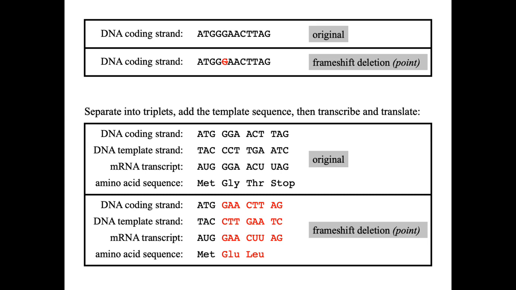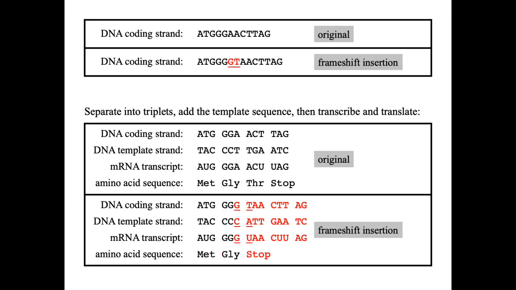point mutations. If we were to insert more than one nucleotide, we still shift the reading frame. But because two nucleotides were inserted in our example here, the guanine and thymine, this is no longer a point mutation. In this example, that inserted G and T led to a premature stop codon.